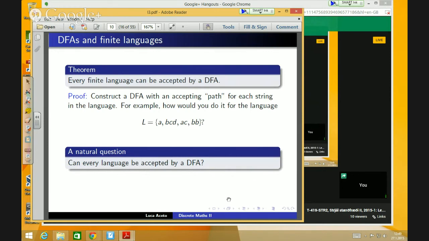But can every language under the sky be accepted by a DFA? Wouldn't it be nice if this is true? Because we love DFAs. If they could do everything that we want, then this would be fantastic. Well, unfortunately, as your colleagues here are saying by shaking their head, the answer is no.